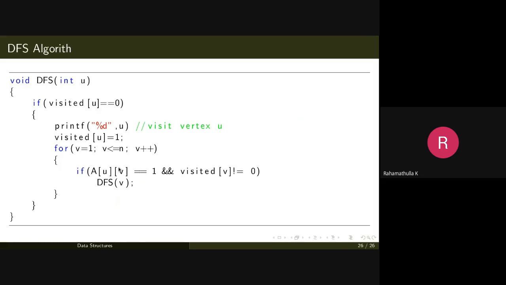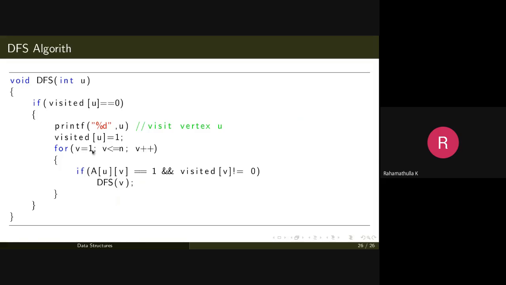So there is no need to internally use a stack here, because in the recursive call itself, the stack will be internally managed. You call it, for example, starting with vertex 1. Vertex 1 will be printed, then visited of 1 equals 1. Then from 1 to n, if A[u][v] equal to 1 and v is not visited, you call DFS with that vertex.